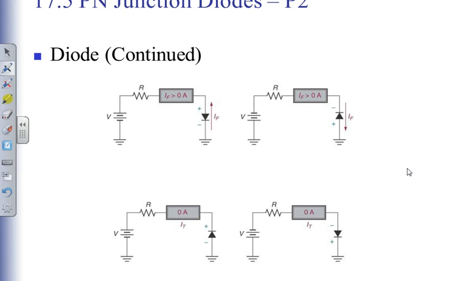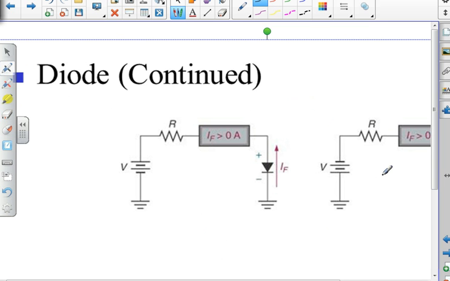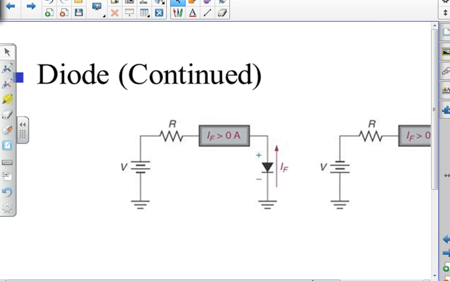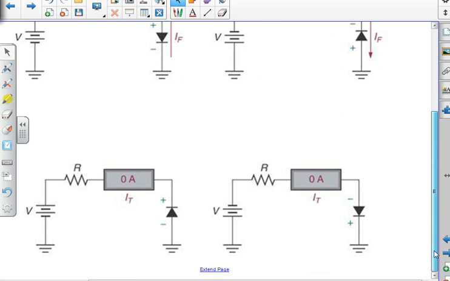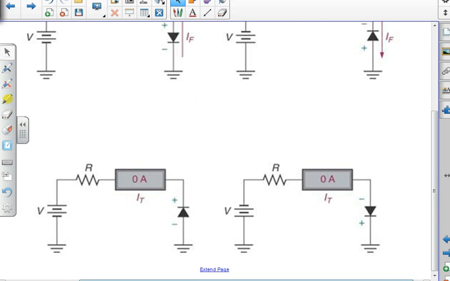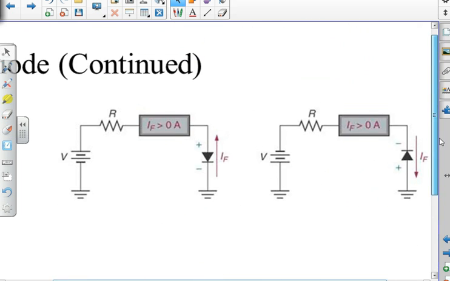So now I look at my diode and I see that I am forward biased. Well, that's convenient, isn't it? Well, I guess we just have to live with it. So I see I'm forward biased.